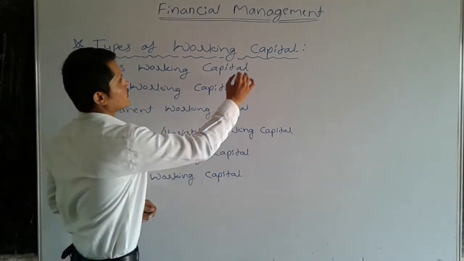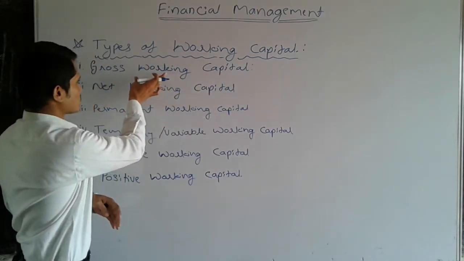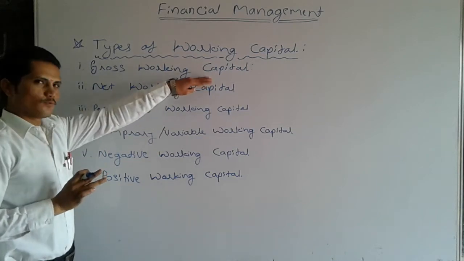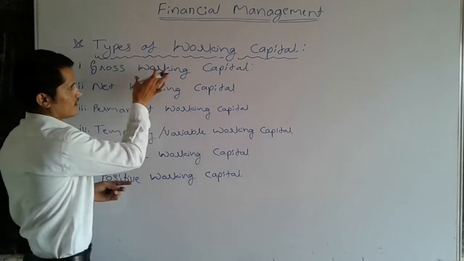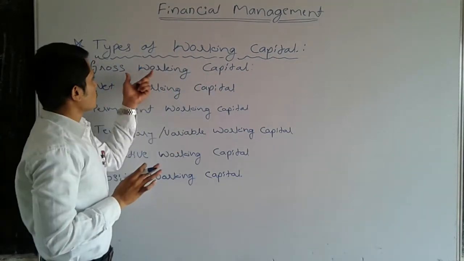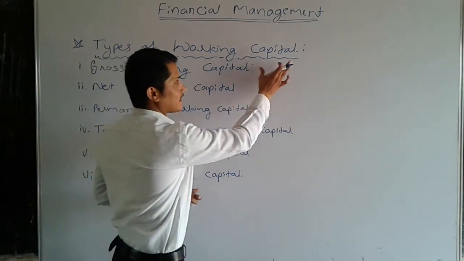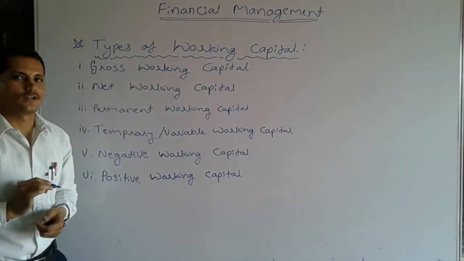Investment in current assets is known as gross working capital. That means the entire amount we invest in current assets is called gross working capital. According to J.S. Mill, the sum of the total current assets is known as gross working capital.